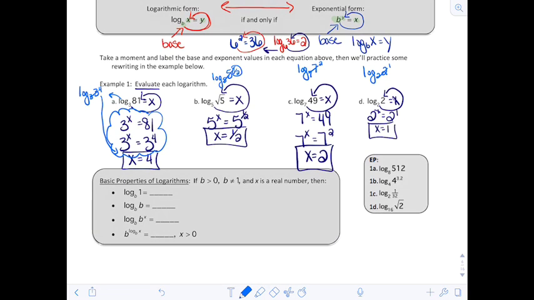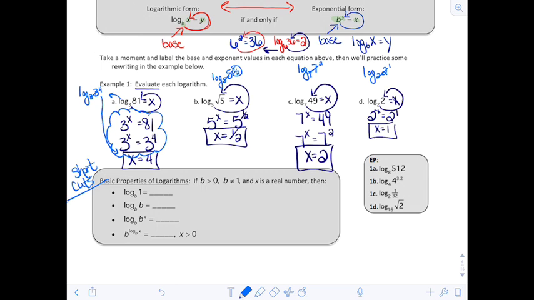In this gray box, basic properties of logarithms, these are essentially shortcuts. You can always fall back on writing logarithms as exponentials and then seeing what the value is that way. But these 4 bullet points here are shortcuts that we can use to be a little quicker and a little more efficient because they're rules that are always going to carry through.